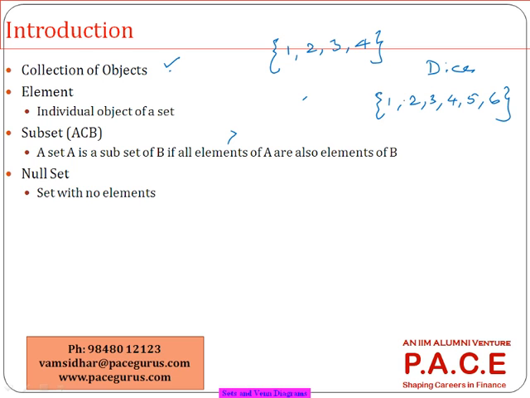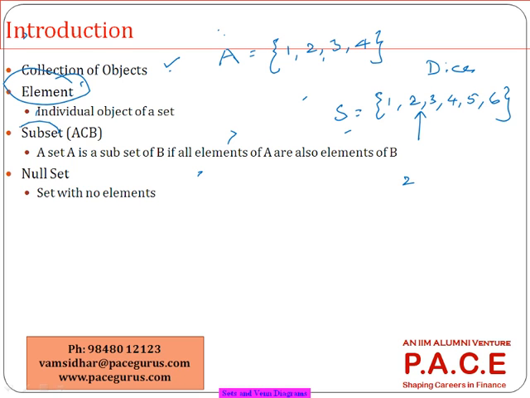Out of this set, each item of that set, if I am saying 2, I call it an element of this set, right? The sets are generally recognized by some letter, and each item is an element of that particular set.